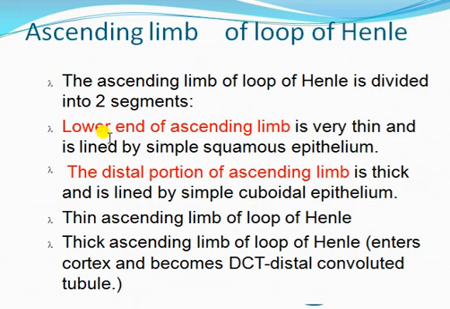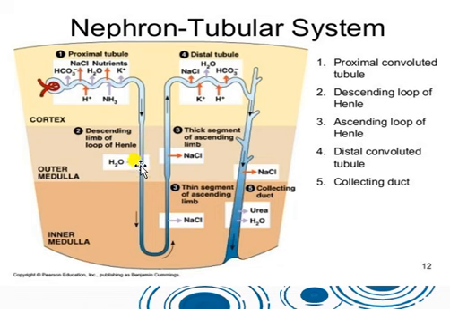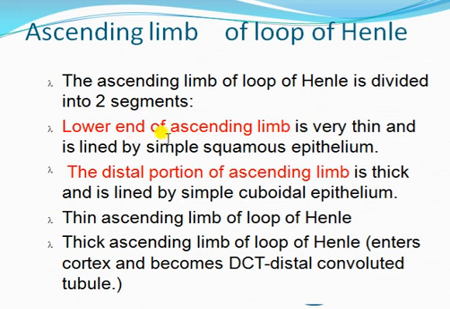If you observe, this is the descending loop of Henle; it is called descending because it comes down.